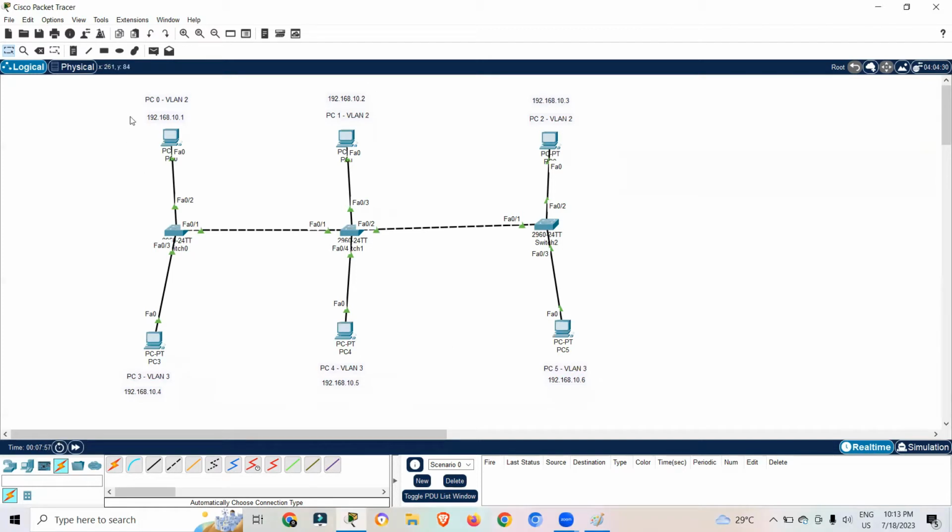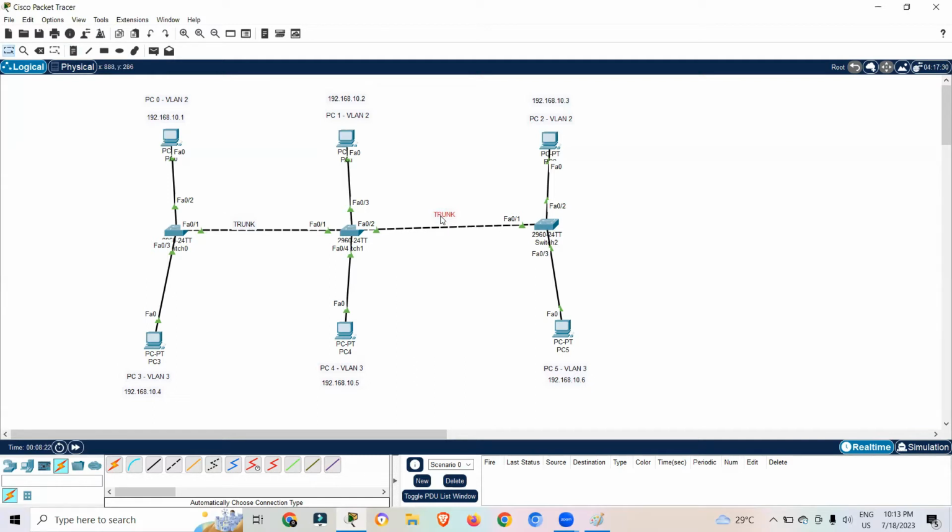Maybe because we put the VLANs 2 and 3 together. But this link must be a trunk link, right? Because yesterday's topic was trunk. If you want to forward multiple VLAN information, this link must be a trunk link and this link must be a trunk link, right?